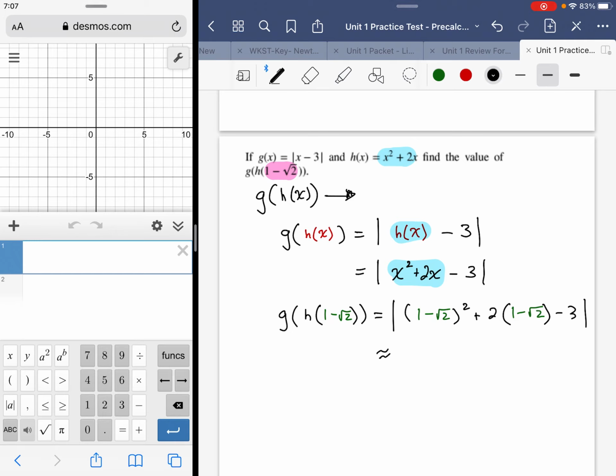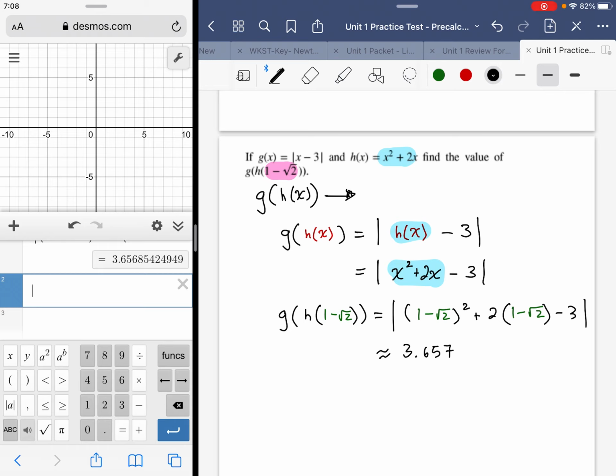So you would type in absolute 1 minus, 1 minus the square root of 2, close it up, square it, plus 2 parentheses 1 minus the square root of 2, close it up, minus 3, and then round this answer however the instructions on the test tell you to round it. 3 significant digits is usually the way to go, so 3.657.